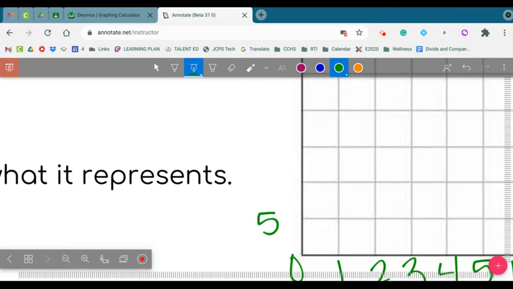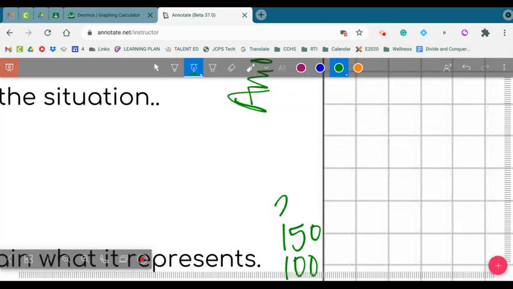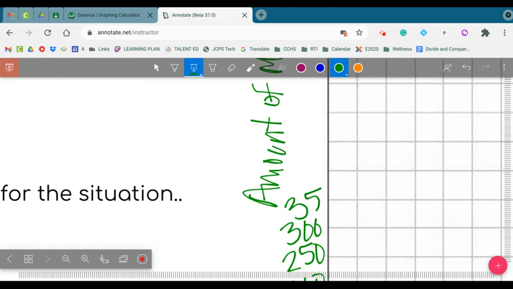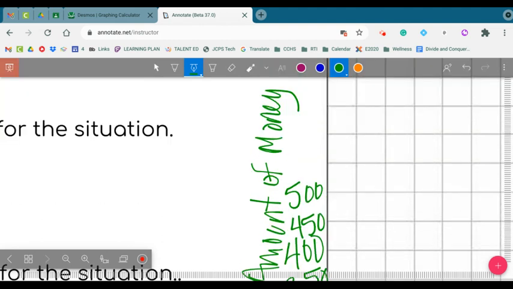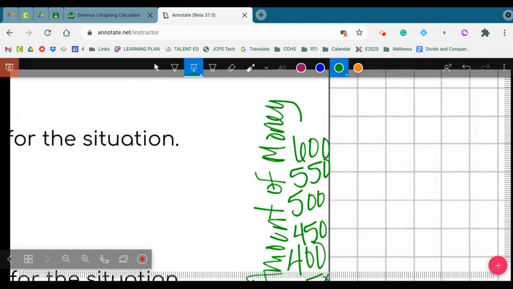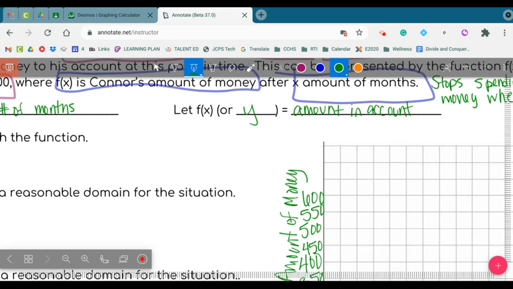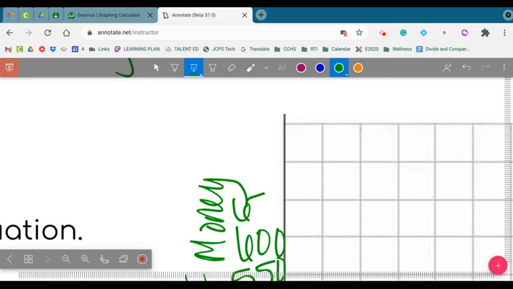So 50, 100, 150, 200, 250, 300, 350, 400, 450, 500, 550, 600. Well, it looks like we're going to have to add another line to get to 800.